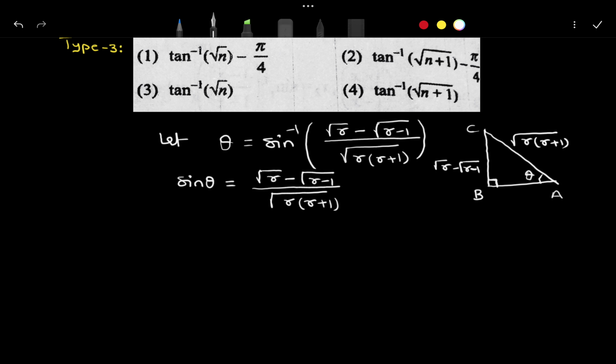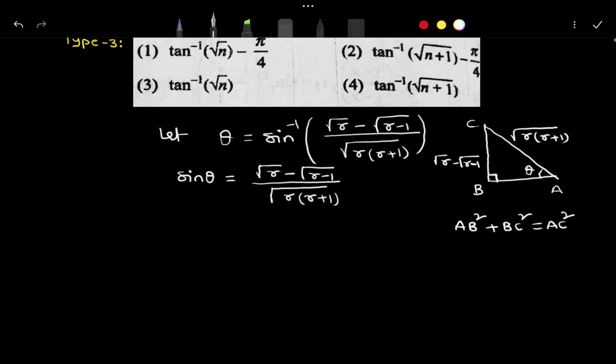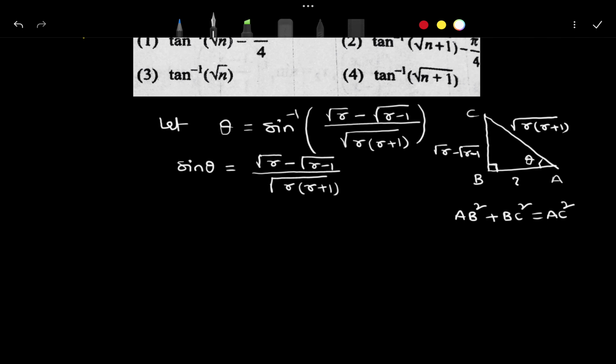Now by using the Pythagoras theorem, AB square plus BC square is equals to AC square. In this diagram I want the AB value. So you can write AB square is equals to AC square minus BC square.